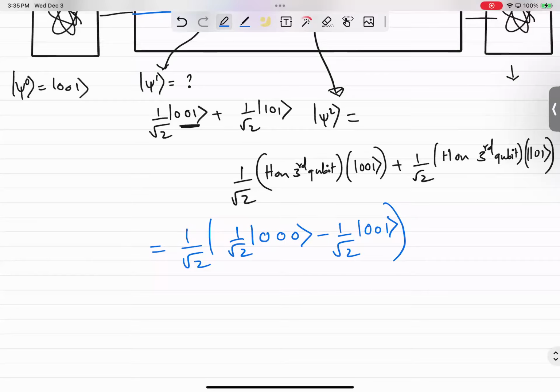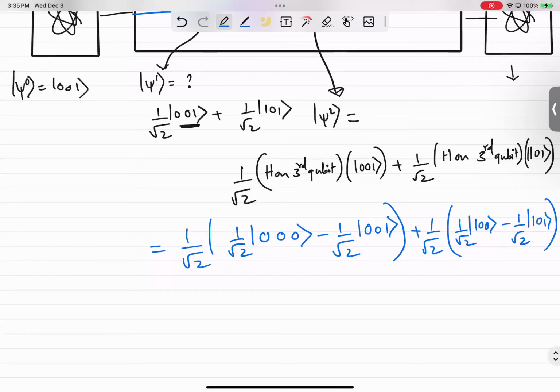Okay. So Hadamard on 1 goes to the minus position, right? So which is 1 over square root 2 times 0 minus 1 over square root 2 times 1, and then I get the same thing here for 1, 0, 1, sorry, this is a 0, 1, 0, 1.